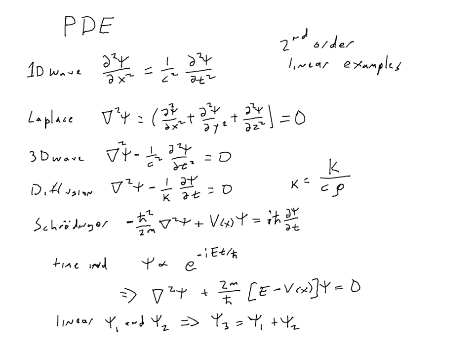Okay, what about the Laplace equation? Hyperbolic, parabolic, or elliptic? That's elliptic, and the reason is because there's no cross term, but if you look at x and y, or x and z, since they're all treated the same here, you're going to get A times C greater than B squared.